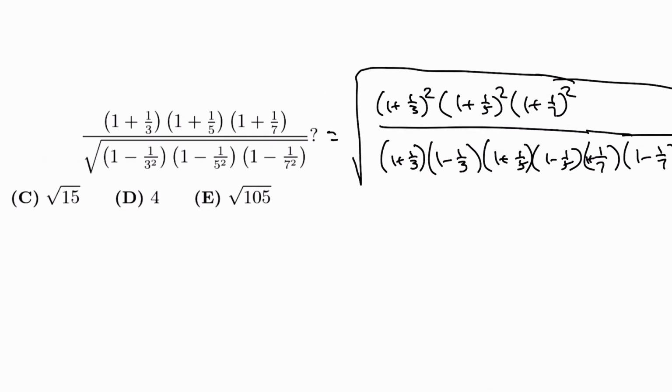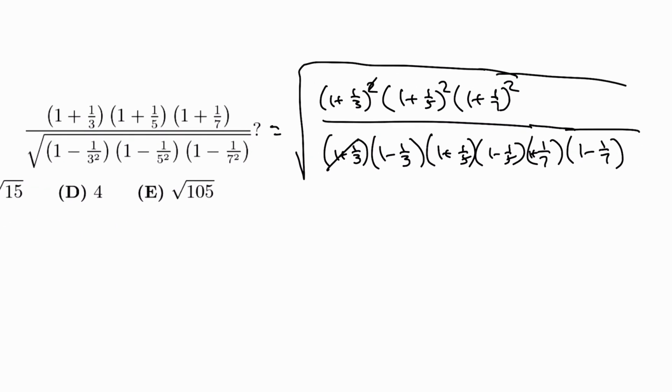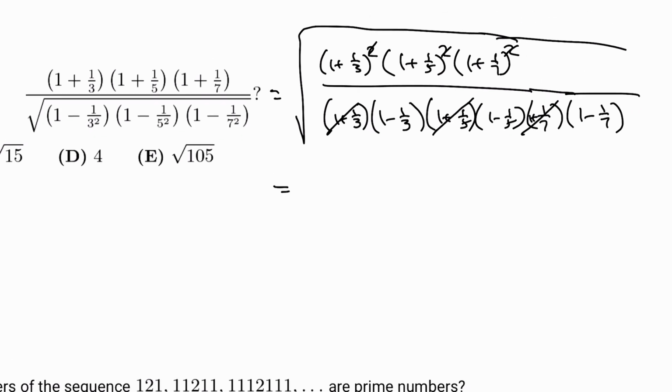Cool. So now we can get rid of some of the common factors. None of these are 0, so we can divide by those numbers safely. So now we have 1 plus 1/3, or 4/3, over 2/3 times 6/5 over 4/5 times 8/7 over 6/7.